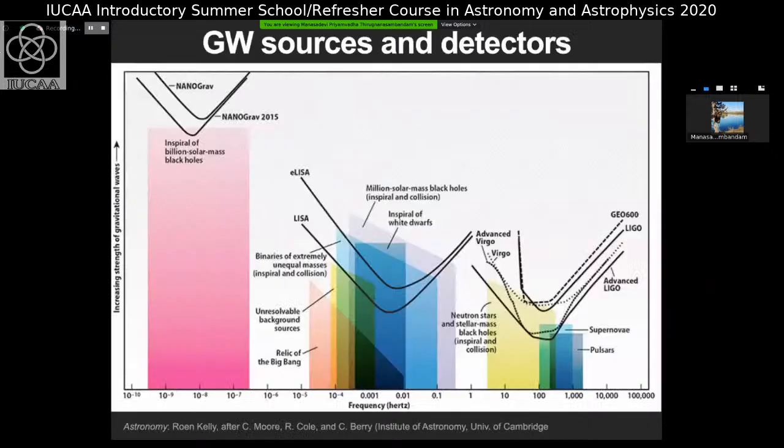The terrestrial detectors named here are GEO 600, LIGO, and Virgo, which are the earlier versions of the now existing Advanced LIGO and Advanced Virgo. We also have KAGRA in Japan that falls under this family of detectors.